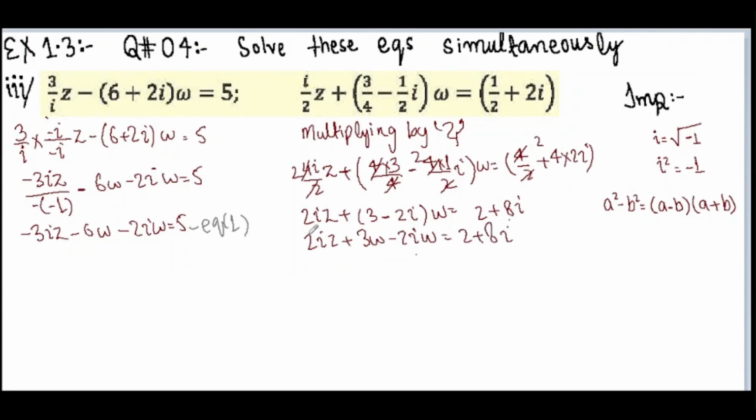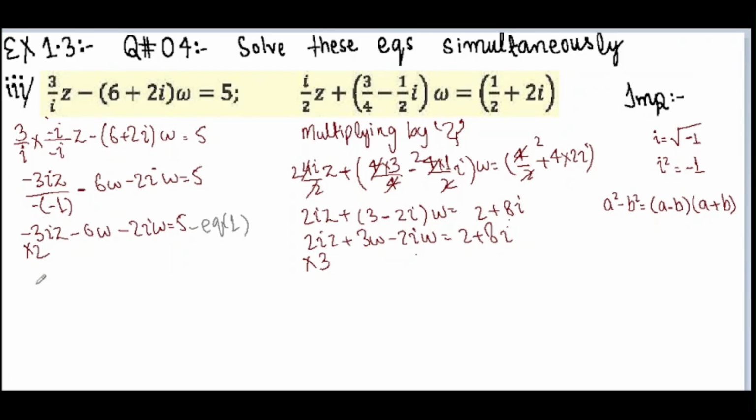Now we are going to equalize the coefficients of Z in both equations. Here the coefficient of Z is minus 3 iota, and here the coefficient of Z is 2 iota. So we are going to multiply 2 with 3 and 3 with 2. So multiplying all of this equation with 2 and multiplying all of this equation with 3.